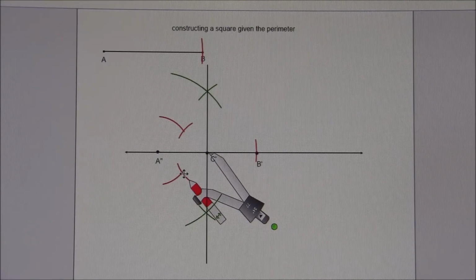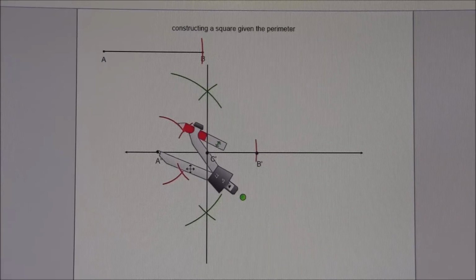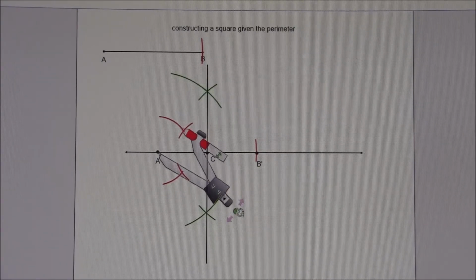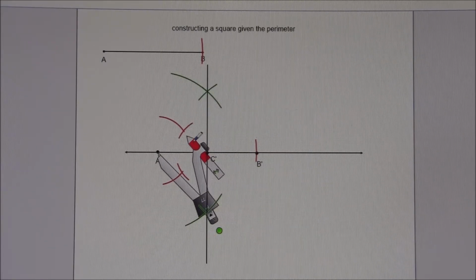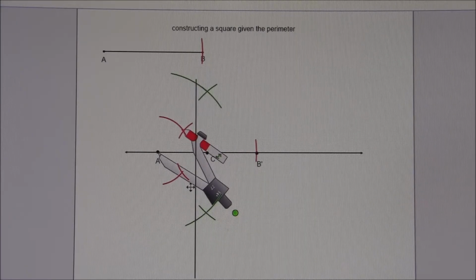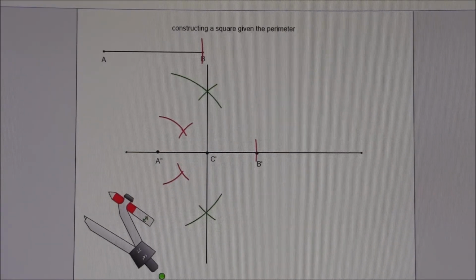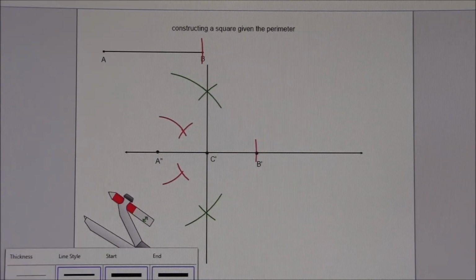Do you see where they intersect? But let's not make that mistake. Let me undo that. There. Here we go with that line segment again. This takes practice.